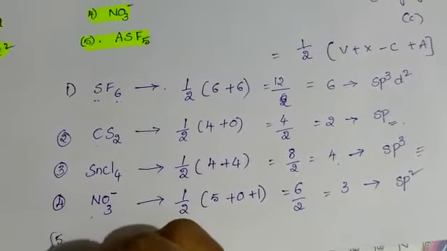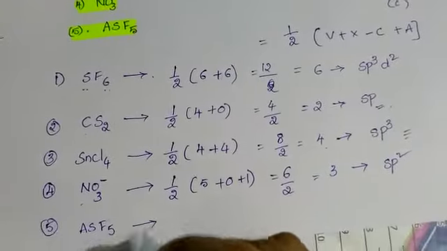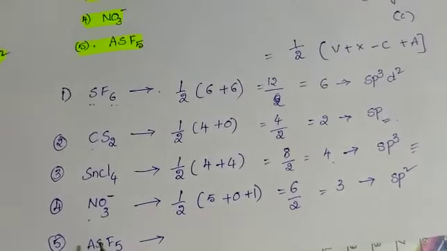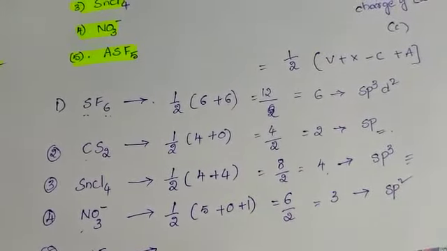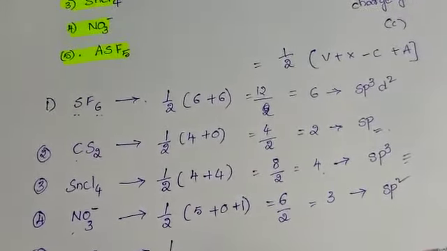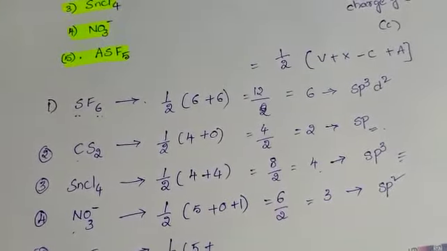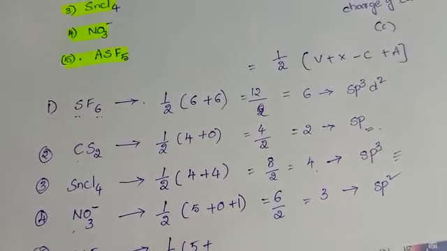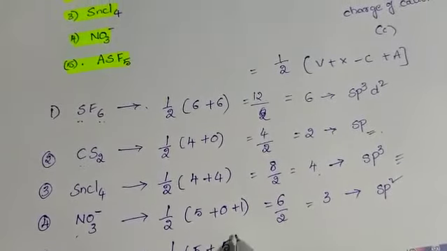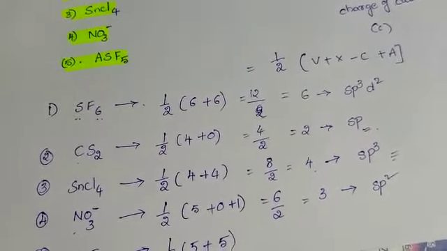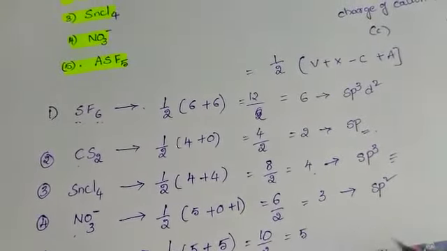And the next one is AsF5. In AsF5, the central atom is As. The number of valence electrons in As is 5, half of 5. Fluorine is also a monovalent atom, so its value is 1. There are 5 fluorine atoms. No charge is present, so its value is 0. 10 by 2 equals 5.